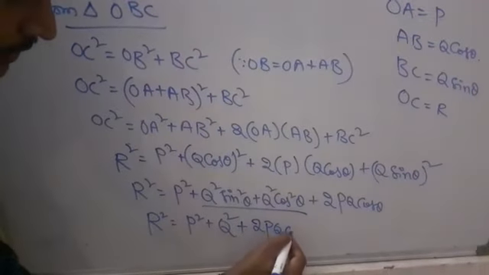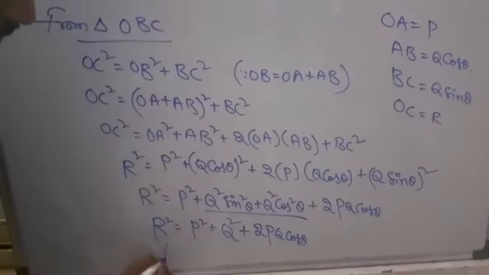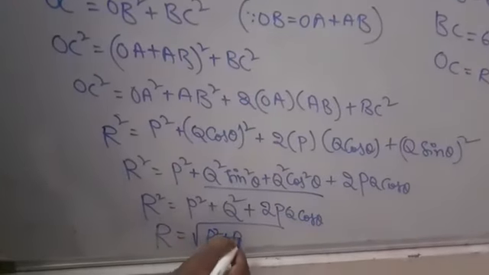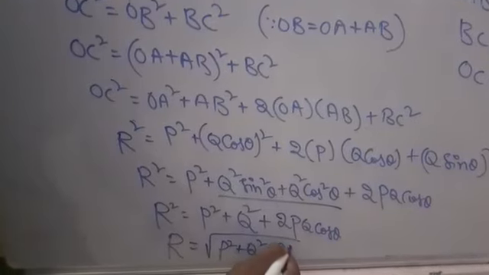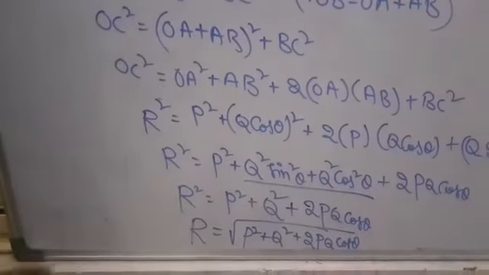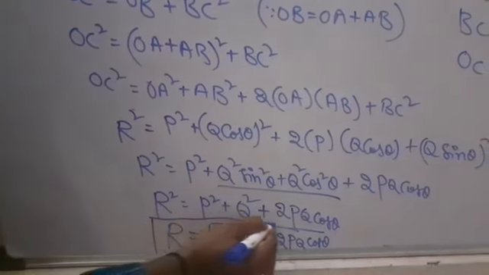Therefore R is equal to the square root of P square plus Q square plus 2PQ cos theta. This is the result.